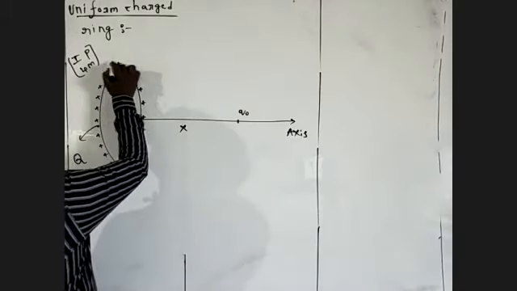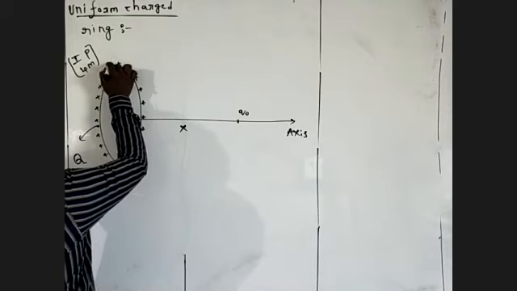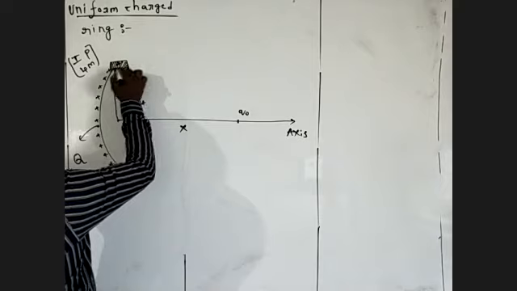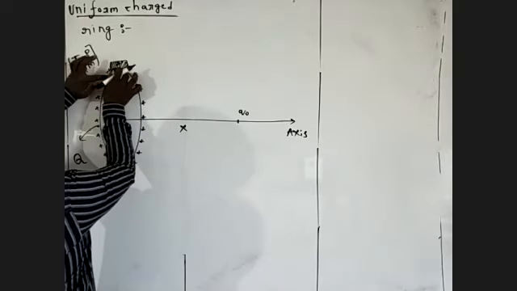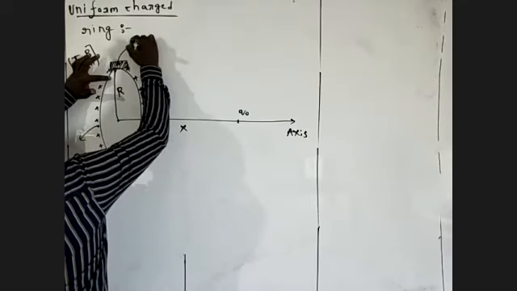Next, I'm taking a small element. This is a small part of the wire. We call this small element dx.